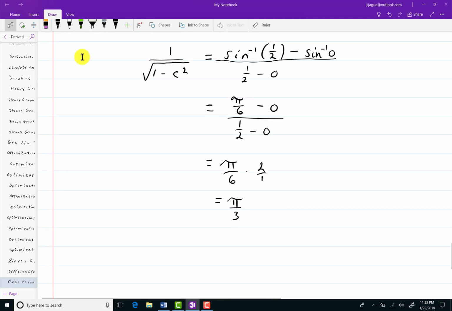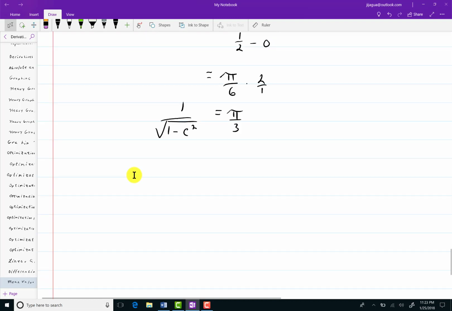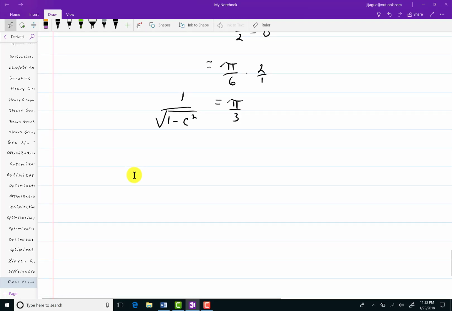So what I'll do is let me rewrite this. Well, let me put it down here. 1 over the square root of 1 minus c squared. First thing I'll do is cross multiply, and I'll have 3 equals pi times the square root of 1 minus c squared. Let me square both sides, so I get 9 equals pi squared times 1 minus c squared.